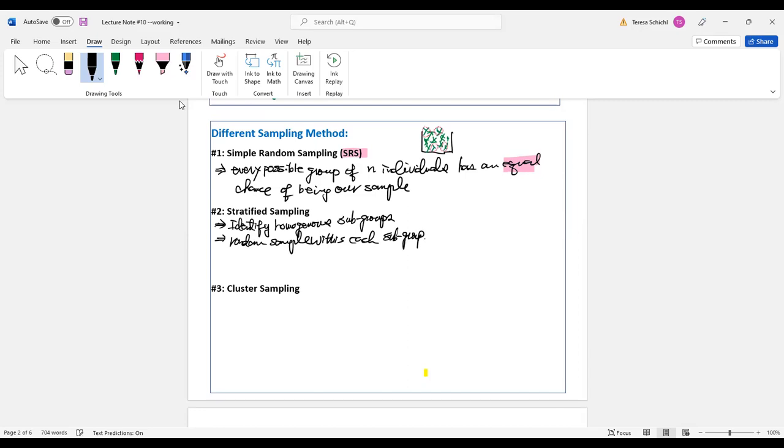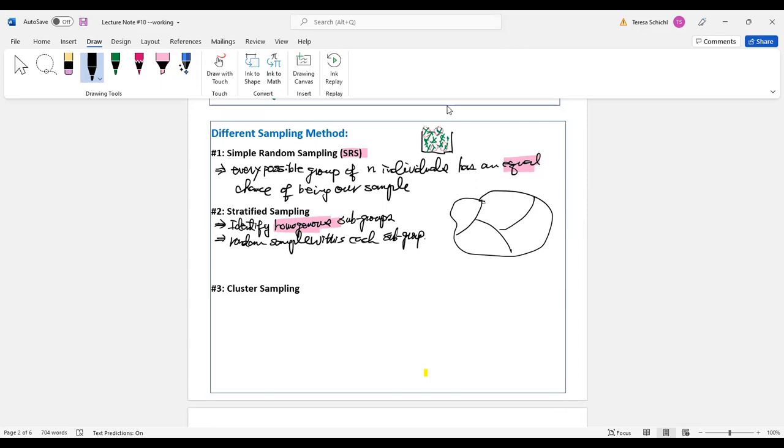Imagine this is your whole population. Within this population, the keyword is homogeneous subgroup. You divide it into a few subgroups, like group 1, group 2, group 3, and group 4.